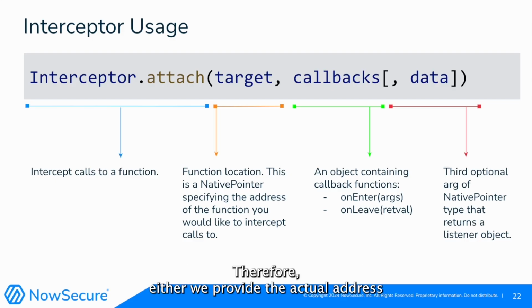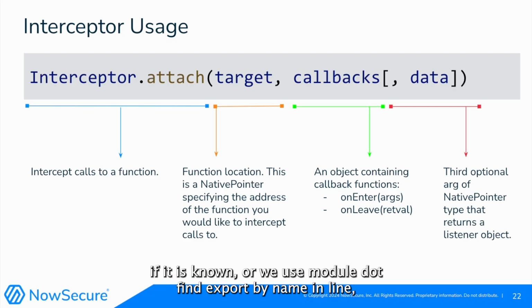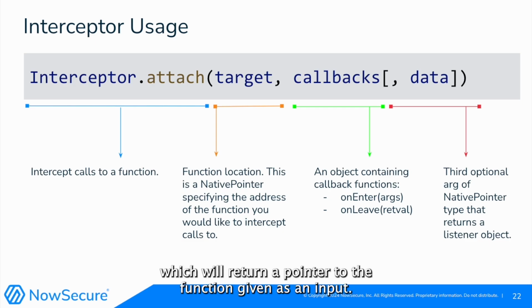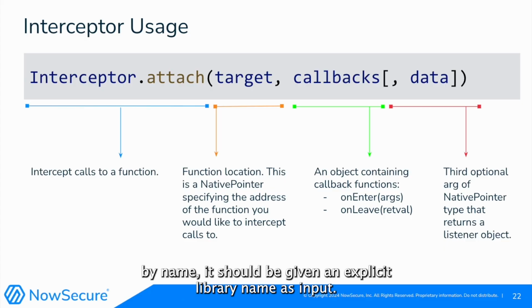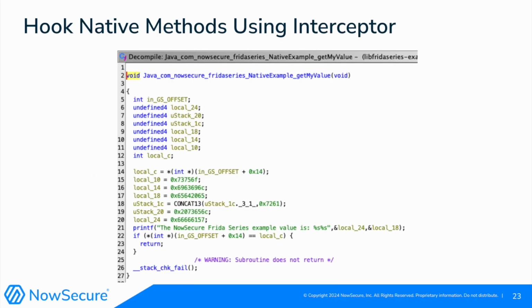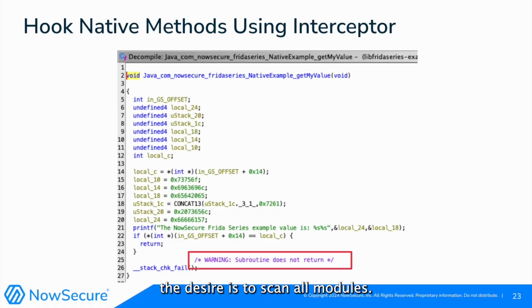Therefore, either we provide the actual address, if it is known, or we use Module.findExportByName inline, which will return a pointer to the function given as an input. When using Module.findExportByName, it should be given an explicit library name as input. Use null only when the library is unknown or the desire is to scan all modules.